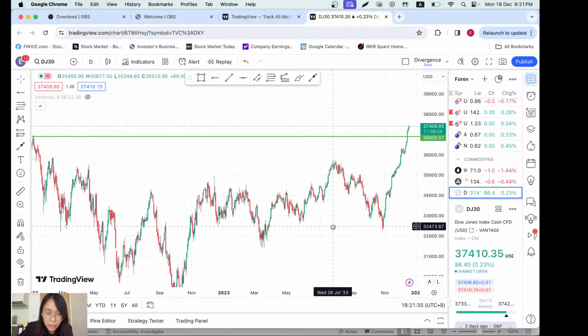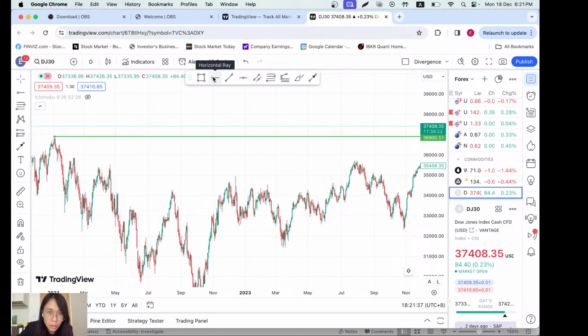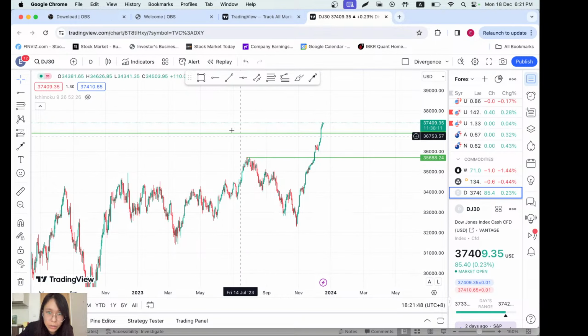The first level of support is here, a swing high, and it's actually a pullback. I'll be using this for my second support.